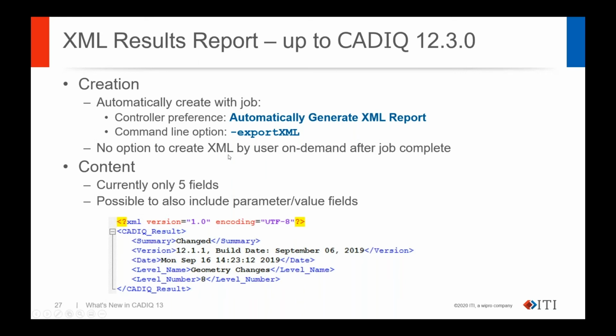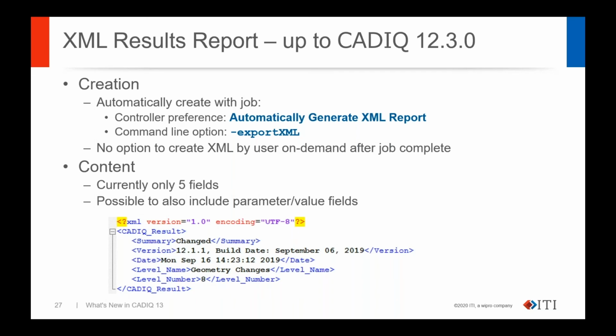But there wasn't an option to manually create it on demand by the user after the job had been completed. And the content was pretty limited. There were only 5 fields in there that you can see here: a summary field that was basically the result, the CADIQ version that was run, when the job was run, and then the highest level name and level number that was achieved by whatever diagnostics were found.